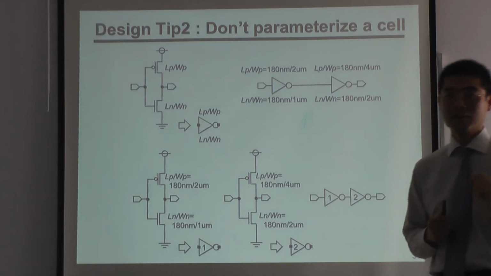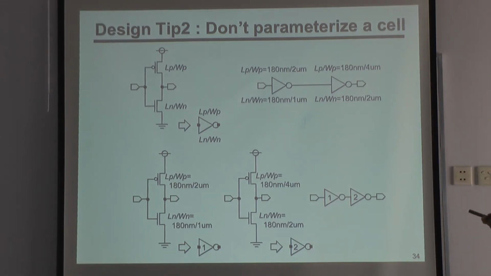But I recommend you not to use this. If you want to use different inverters, you have to make different inverter symbols, like inverter 1 and inverter 2. Because this is very, very confusing if you start layout. So use this.